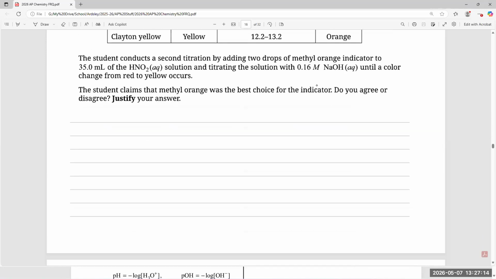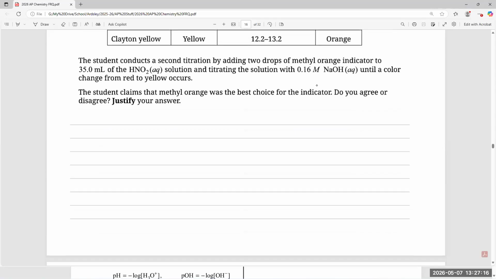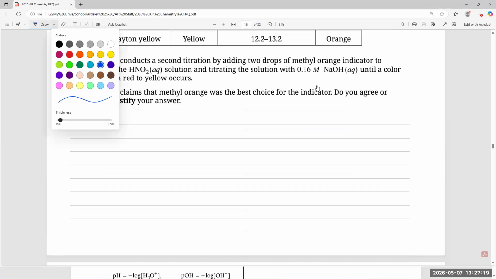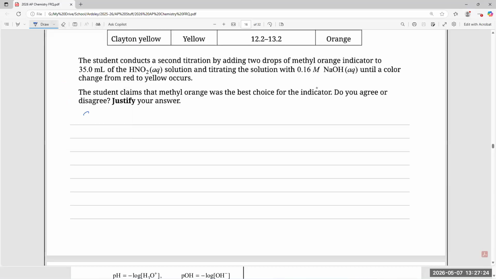Okay, so this is going to be 3A, question 3. Question 3A. And you're going to have the acid is what? Acid is going to be nitrous, and the conjugate base is going to be nitrite, which is NO2 minus, right?